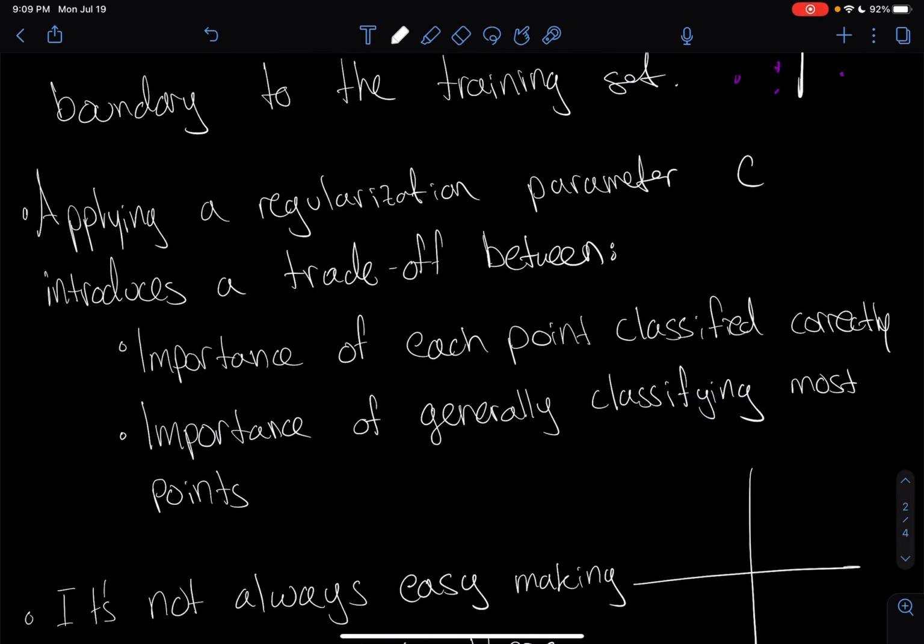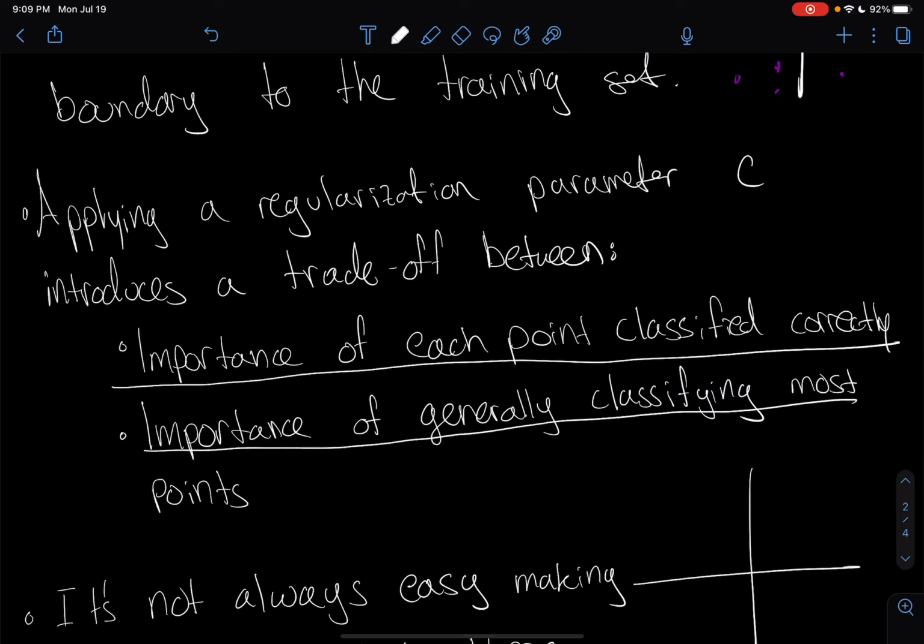And depending on how you change this value C, you could be entering a trade-off between the importance of each point being classified correctly or the importance of generally classifying most points. What do those two bullet points mean?